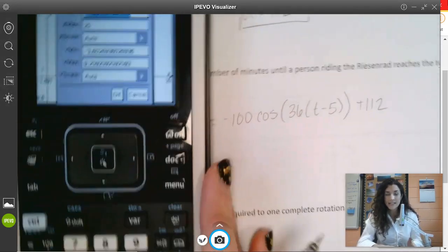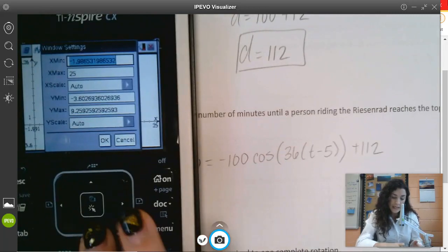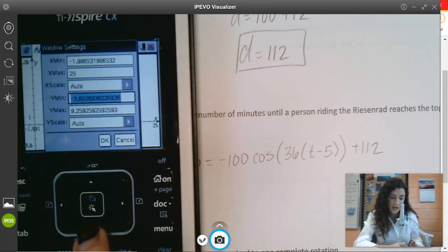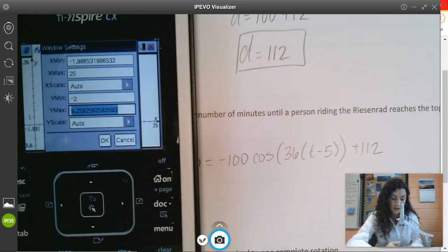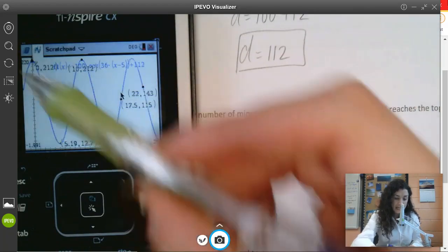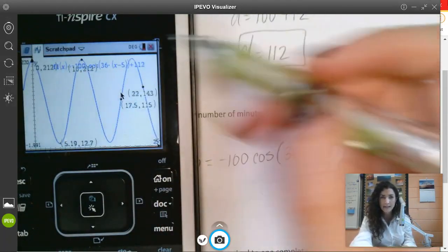Because your window settings need to change. We'll leave our X values the same. We know that we're going from 12 feet to 212 feet, so I'll keep it at negative 2 here, but I need to go to 220 up top to encompass the whole thing. Now we can see our fluctuation, and I don't need to change my X axis.